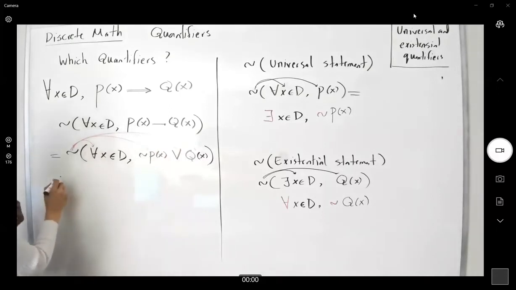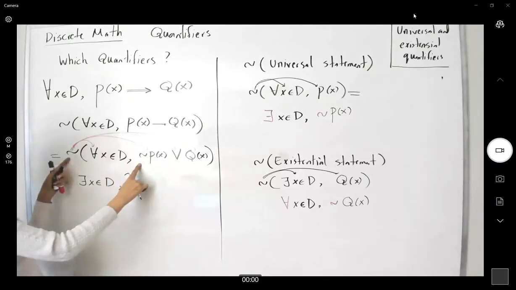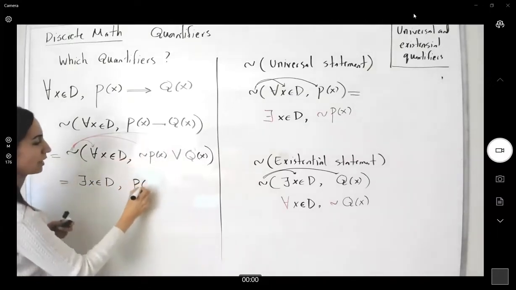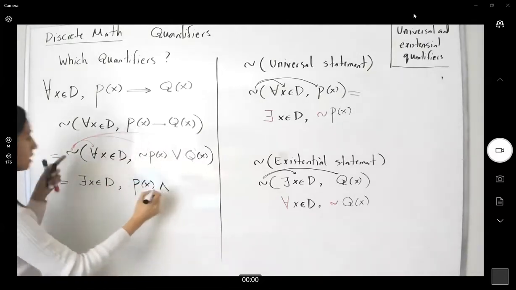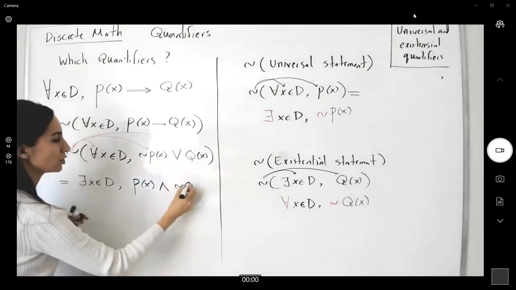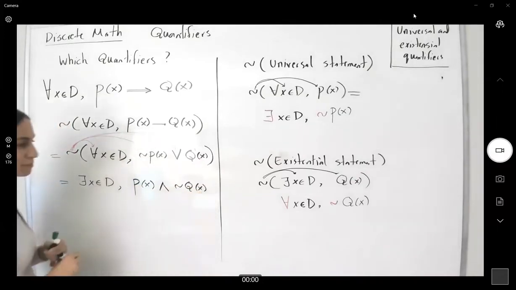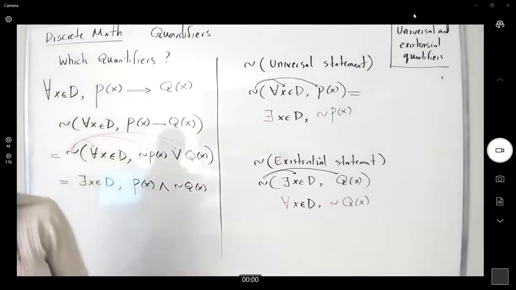So it's going to be there is x in domain D such that, double negation, it gives you P of x back. The negation of or is going to be and the negation of Qx.